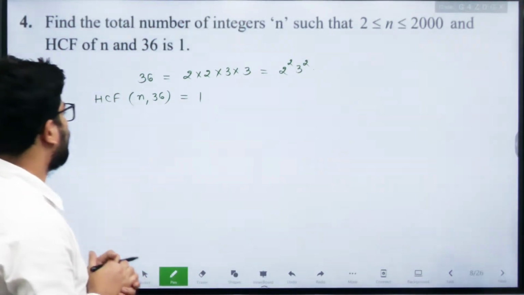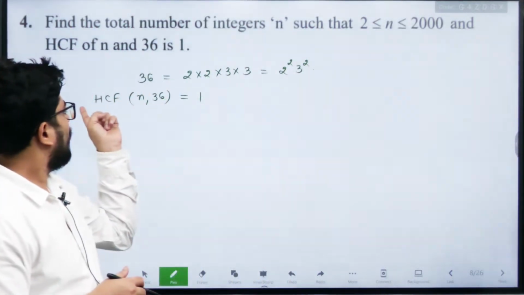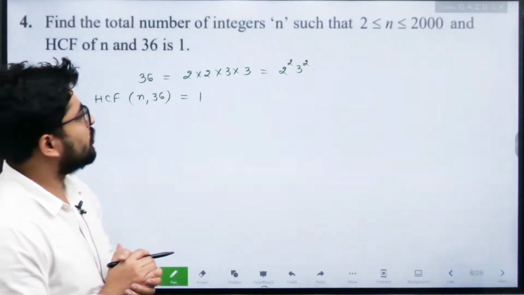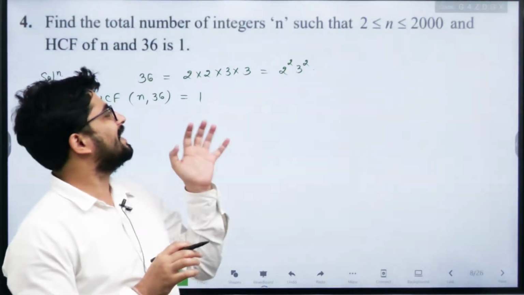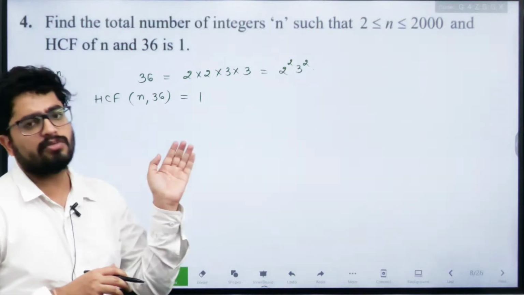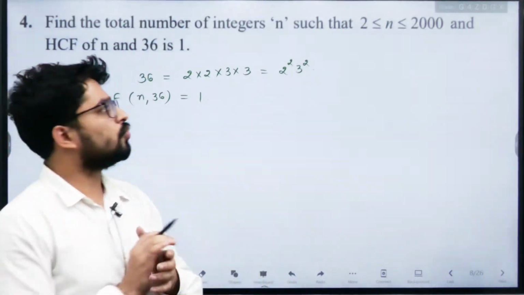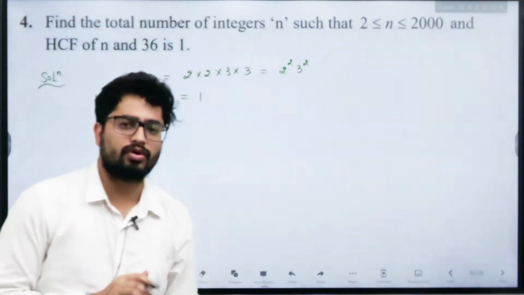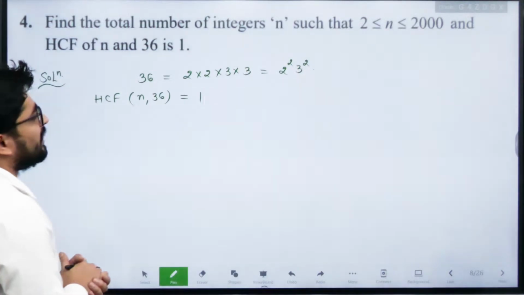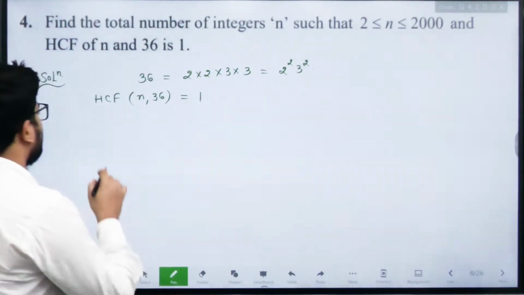So first of all, the number of integers between 2 to 2000 which are not divisible by 2 or 3 is equal to the total number between 2 and 2000 minus those divisible by 2 or 3. So first find numbers which are divisible by 2 or 3.